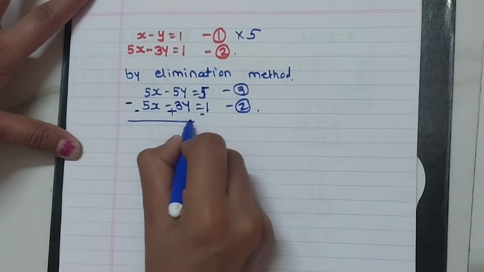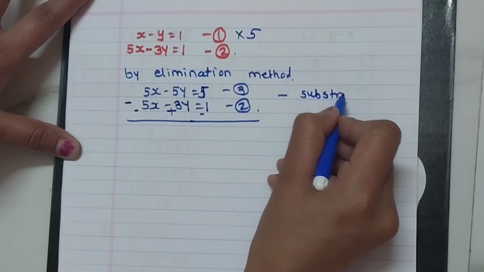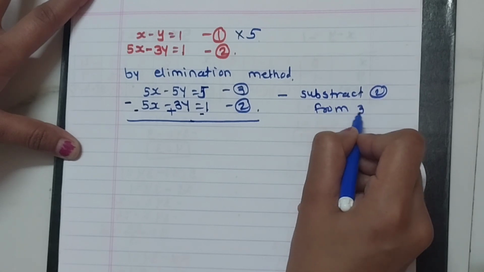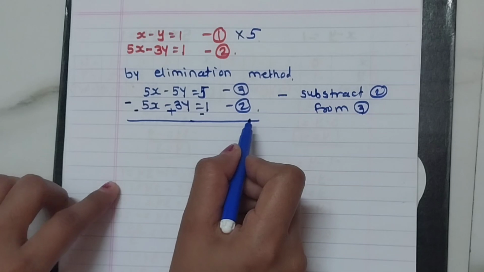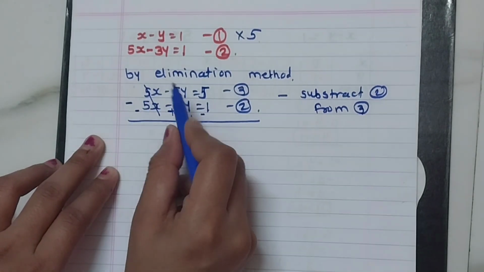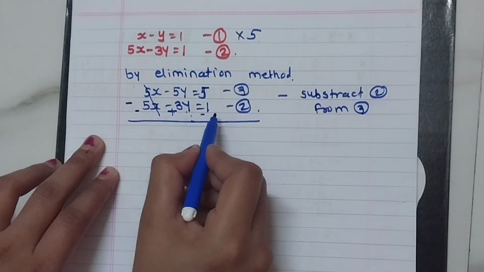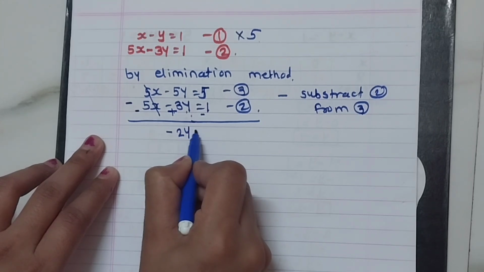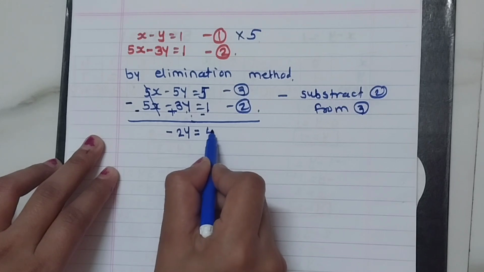So we subtract 2 from 3. सो इक्वेशन 3 से हम क्या करेंगे? इक्वेशन 2 को सब्सट्रैक्ट करेंगे। सो 5x minus 5x will get cancelled out, minus 5y से plus 3y सब्सट्रैक्ट होगा तो क्या आएगा? minus 2y here is equal to 5 minus 1, so we get 4 here.